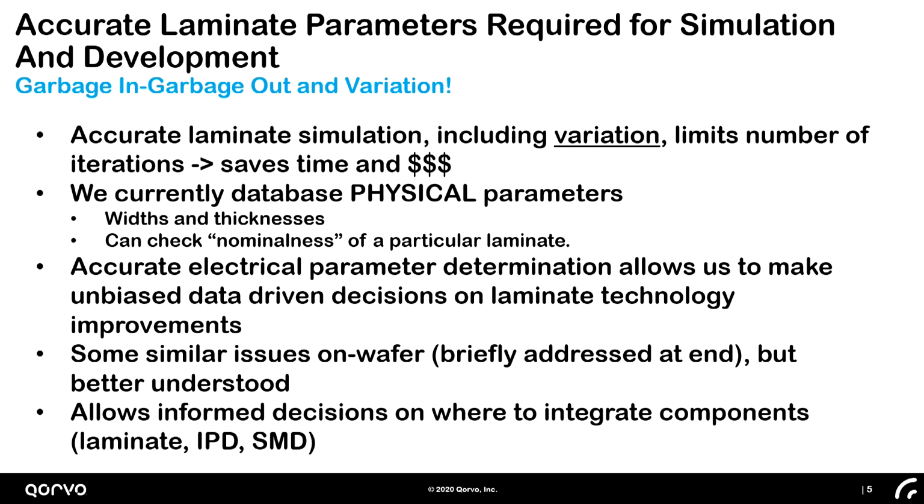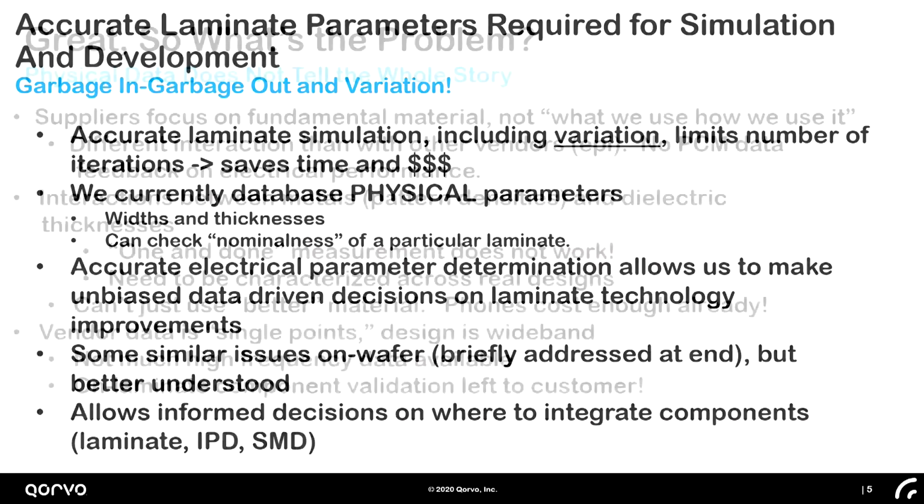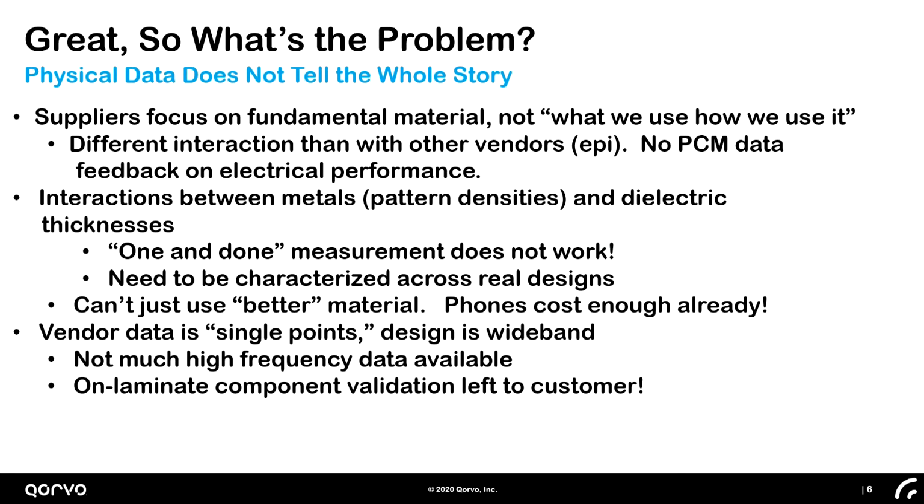There are some similar things on wafer that you have to worry about, and I'll talk about those later. And the other part of it is, as we move towards 5G, there are probably going to be ways to drive decisions between whether you put your match on the laminate, an integrated passive device, and what SMDs you use, and how much of it you put on the laminate or in the laminate. So we've got a bunch of stuff.